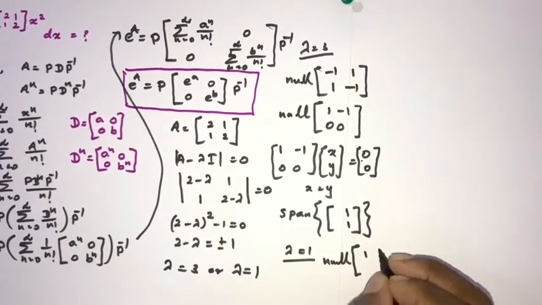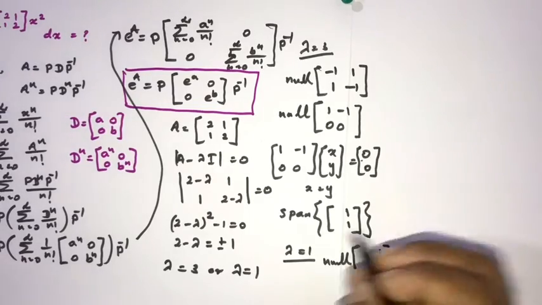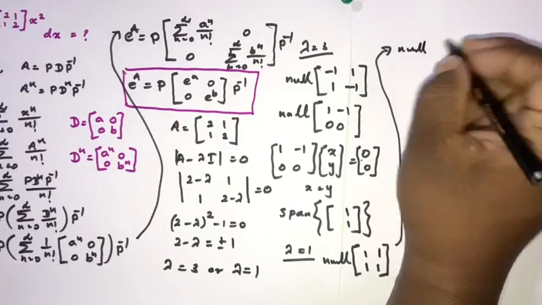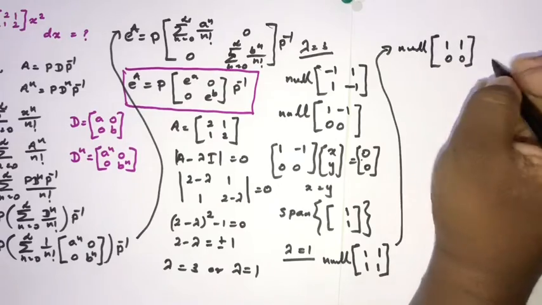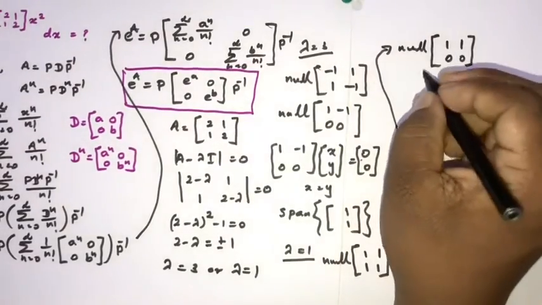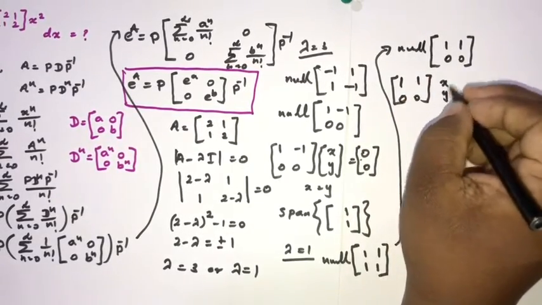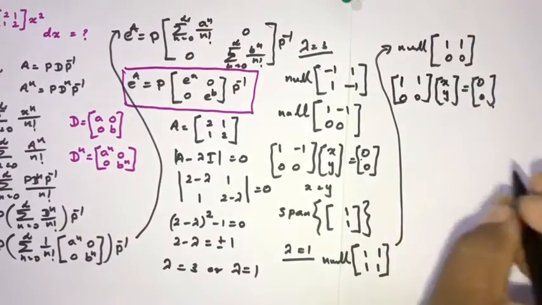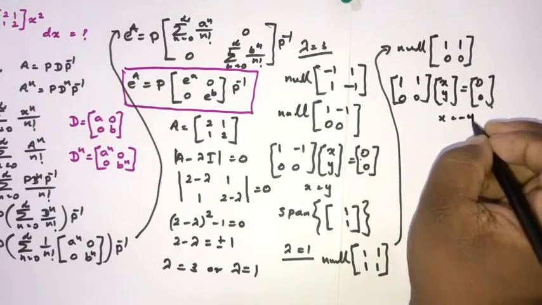Here also we can simplify, so this is equal to the null space of [1, 1; 0, 0]. Then we can write [1, 1; 0, 0] times the vector (x, y) is equal to (0, 0). So we know x plus y is equal to 0, so x is equal to minus y.